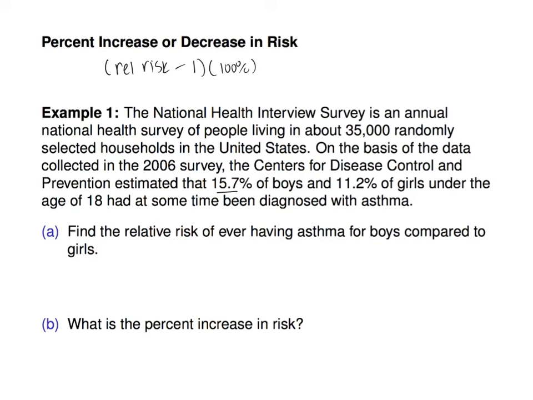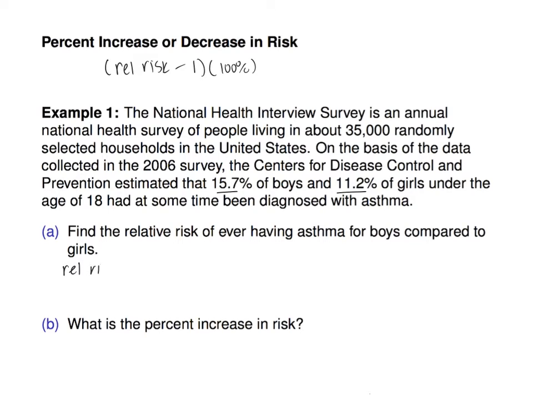So 15.7% as a decimal, that is the risk for asthma if you're a boy. 11.2% as a decimal will be the risk for girls. And actually, if you put 15.7 over 11.2, it's going to give you the same answer as putting 0.157 over 0.112.